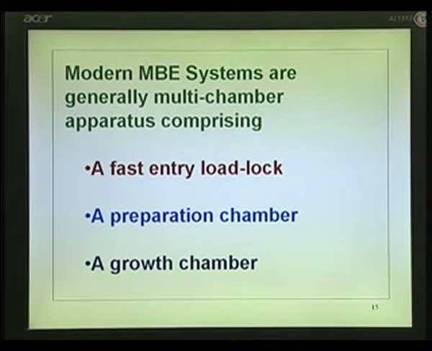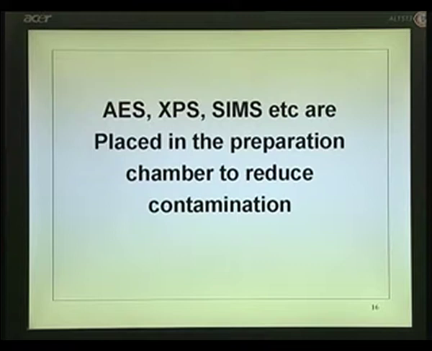That is the real one where you expose it to the constituent elements. Systems like AES, XPS, etc. are placed in the preparation chamber, so that contamination can be reduced. You can test after the growth is done. One is during the growth using RHEED, the other is after the growth and before the growth in the preparation chamber.